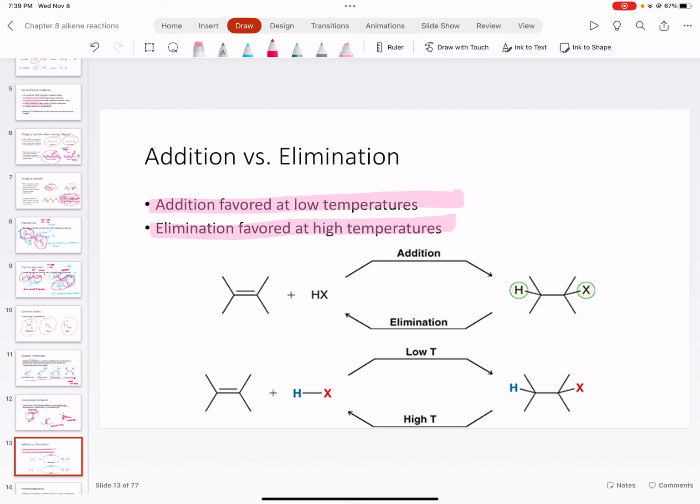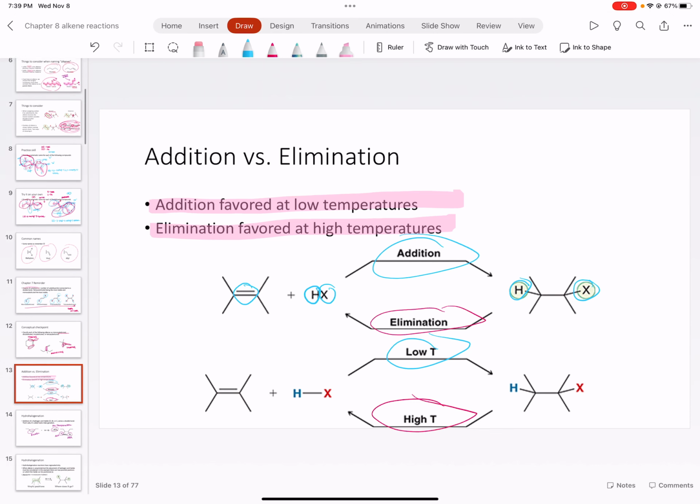So elimination happens in heat, in high temperatures, while at low temperatures we have addition reactions. And in addition reactions, we are breaking that double bond and adding components across that double bond.